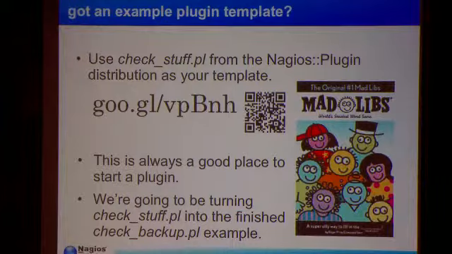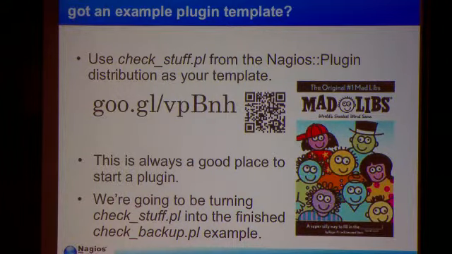This example that I'm going to be walking through now is available at this URL. Actually, no, I started with the check_stuff.pl, an example script from the Nagios plugin distribution. And you can use this to start any Perl plugin. It kind of has the normal stuff set up for you, so you can just change the middle of the plugin where the action happens.